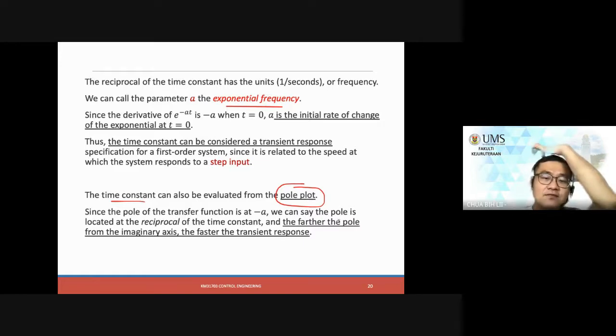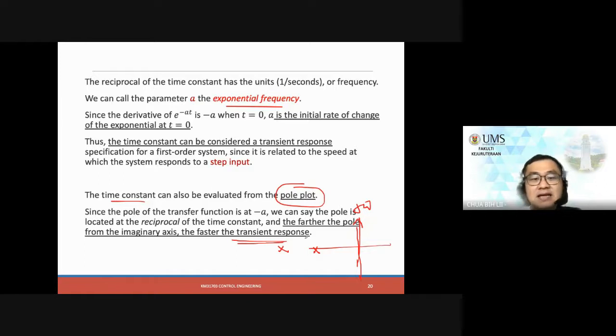The further the pole is from the imaginary axis, again the imaginary axis being this j omega line, the faster the transient response will be. That is the idea. So the further it is, the faster the response.